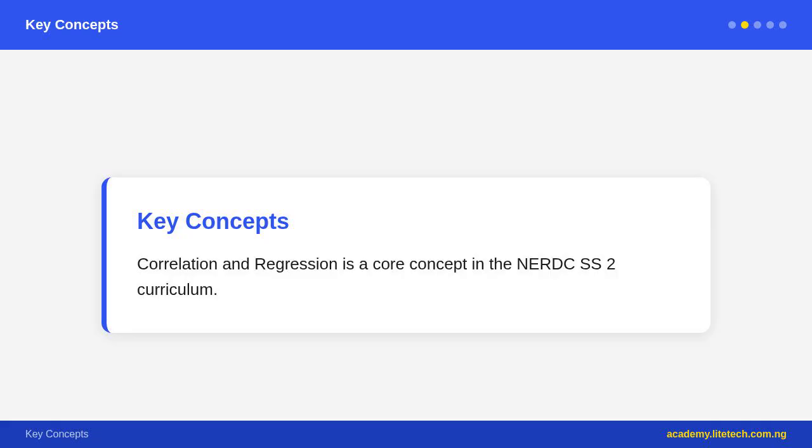Sigma x squared equals 160 squared plus 165 squared plus 170 squared plus 175 squared plus 180 squared, equals 25,600 plus 27,225 plus 28,900 plus 30,625 plus 32,400, which is equal to 144,750.